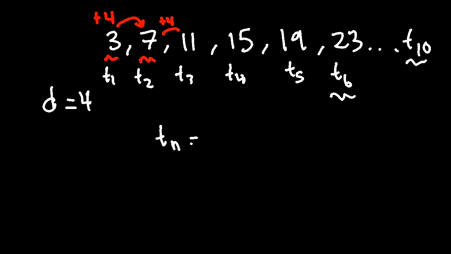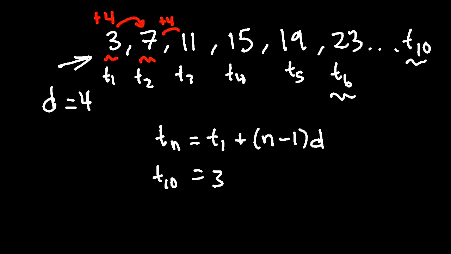Tn is equal to T1 plus n minus 1 times d. Now n is the term number that we're trying to find, in this case 10, so Tn is equal to T1, which is 3, right here, plus n minus 1, so n is 10, times d, which is the common difference, 4.